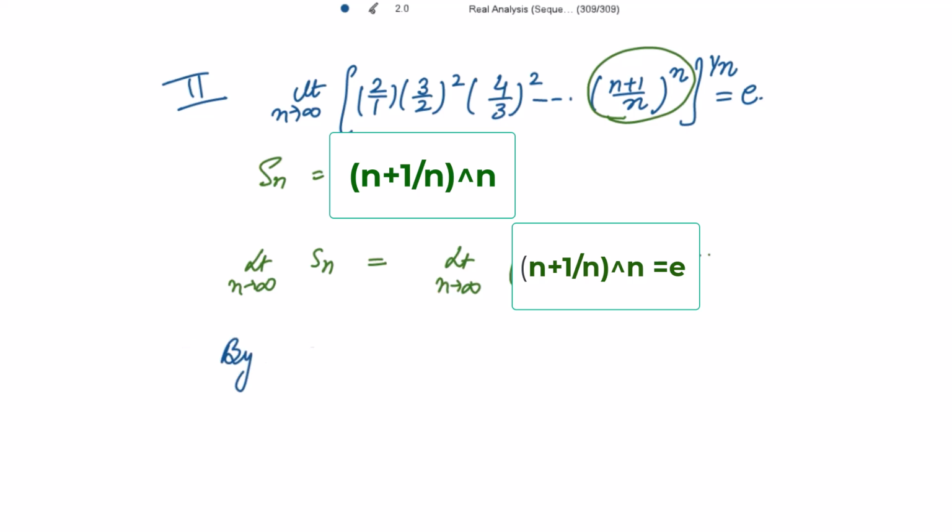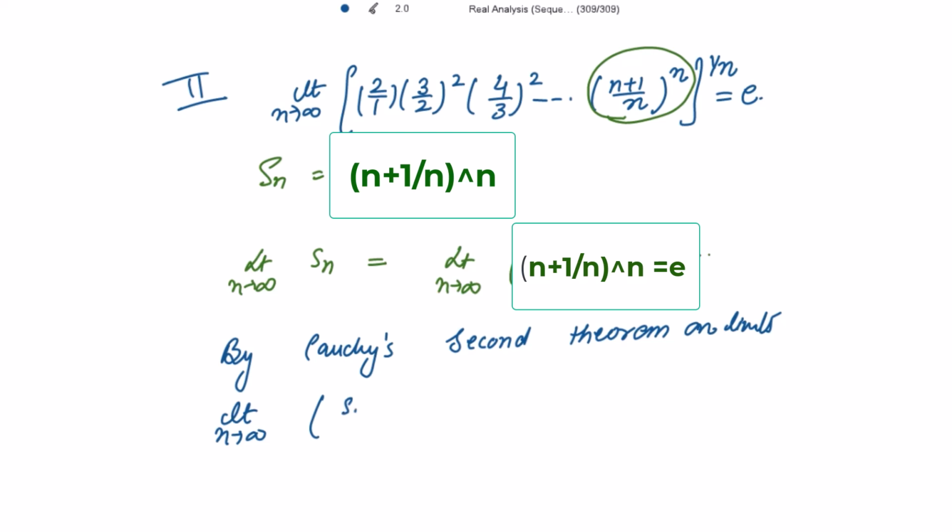Therefore, by Cauchy's second theorem on limits, the limit as n tends to infinity of S1, S2, S3 up to Sn, to the power 1 by n, is equal to the same limit that we get for Sn, that is e.